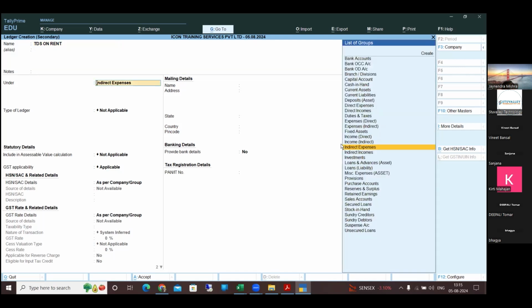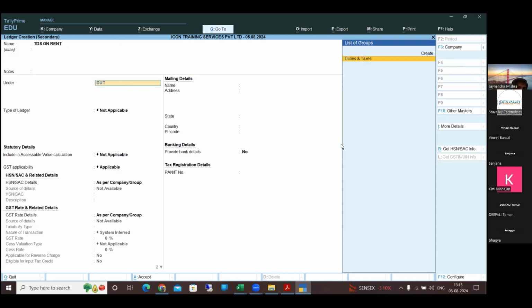Friends, in Tally, all the tax related ledgers, whether income tax, GST or TDS, the grouping should be duties and taxes. Yes, friends, duty means taxes only.